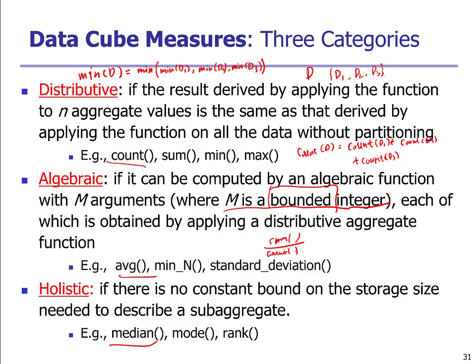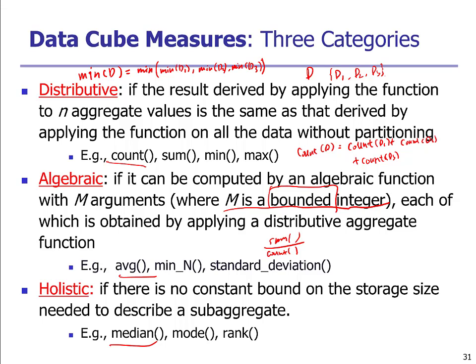Both sum and count are distributive aggregate functions, right? So average is an algebraic function with two arguments. And the minimum n, which is the n smallest elements within a set, or the standard deviation, they all have the same property. Okay, so this is algebraic.